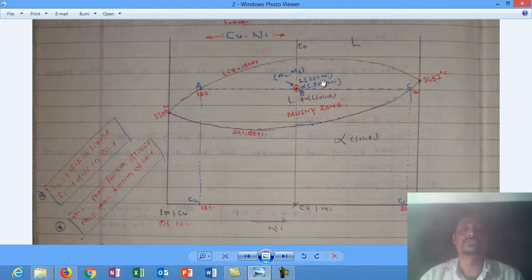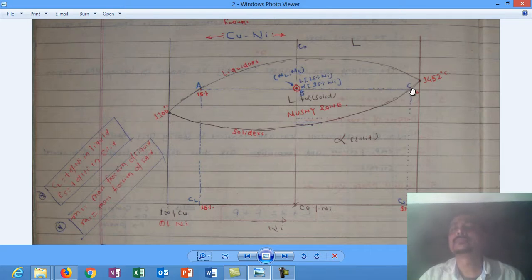Therefore, in the liquid phase, 15% nickel will be there. That means Cl will be 15% for this sample. Since this sample is a combination of liquid and solid, the liquid phase contains 15% nickel.